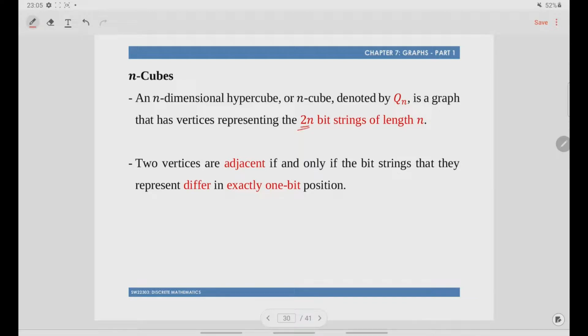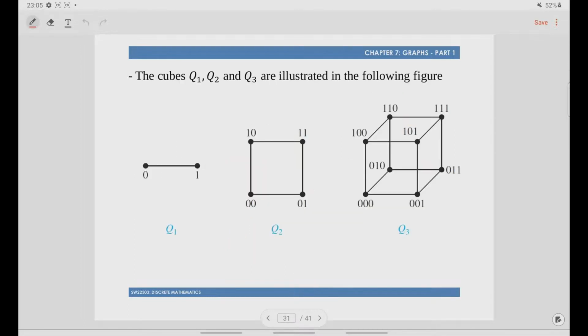A bit, we know, is 0 or 1. Two vertices are adjacent to one another if and only if the bit strings they represent differ in exactly one bit position.